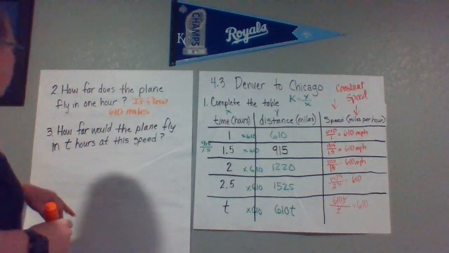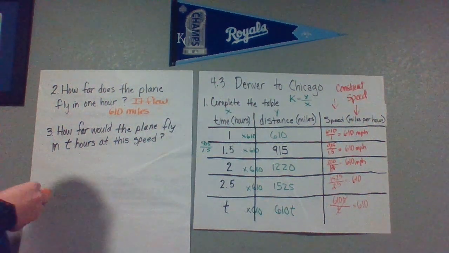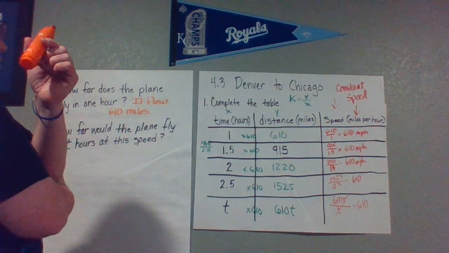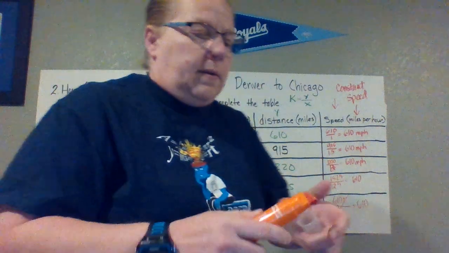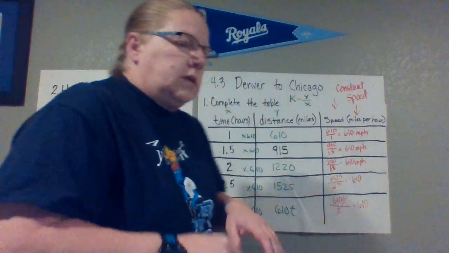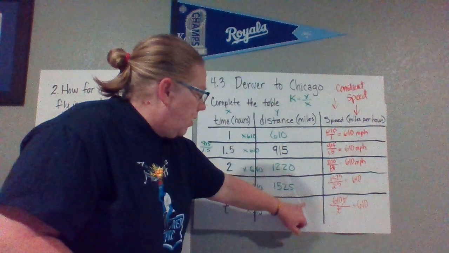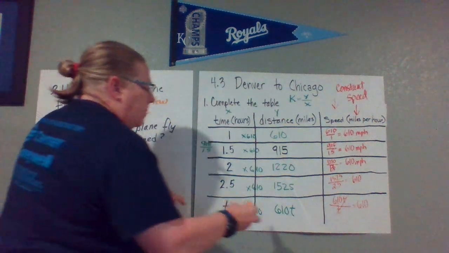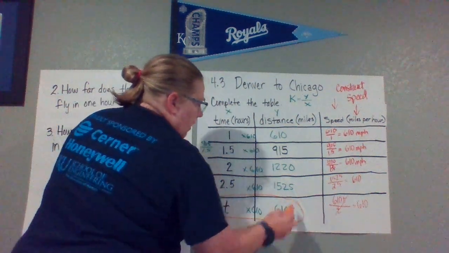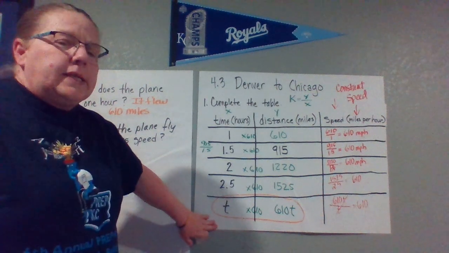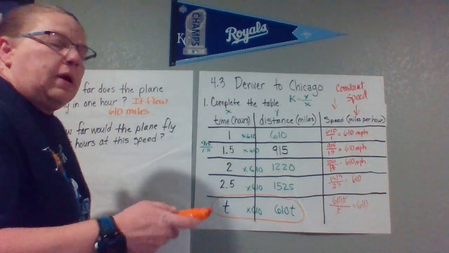Our third question, how far would the plane fly in T hours at this speed? Again, we talked about this bottom part, this unknown. It doesn't matter how many hours, whether it's 2 hours, 2.5 hours, or something that's not even on the table. It would not matter.